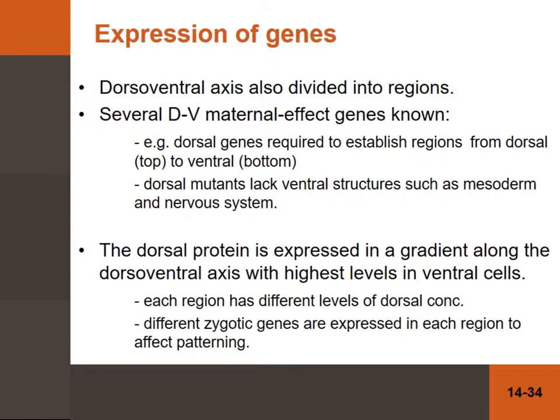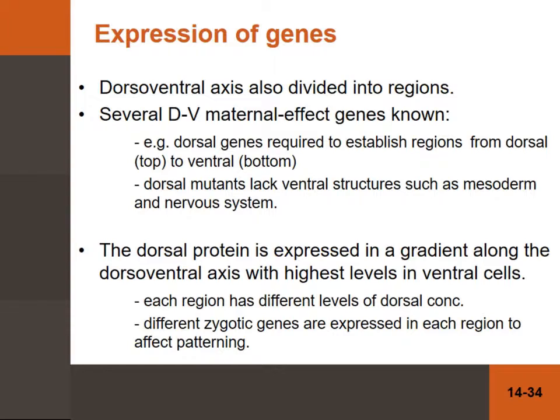The dorsoventral axis is also divided into regions, and they found several dorsoventral maternal effect genes. Keep in mind that dorsal genes are required to establish regions in the embryo from dorsal, that is top, to ventral, bottom. Or you can think of it as from the back to the front. Dorsal mutants lacked ventral structures such as mesoderm and the nervous system.